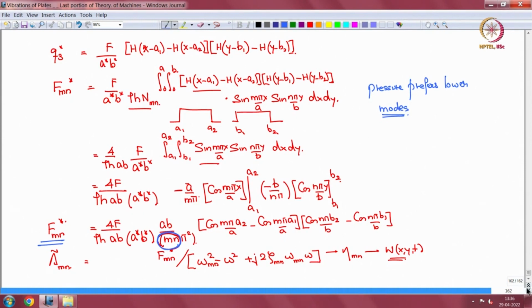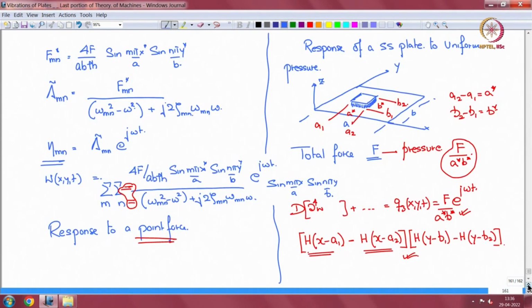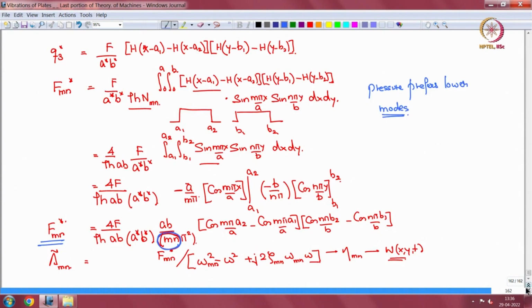Whereas if you remember, this is the response to a point force. I deliberately said neither m n is there in the numerator or denominator. So a point force prefers all modes equally, or affects all modes equally. Whereas it is different with the pressure.